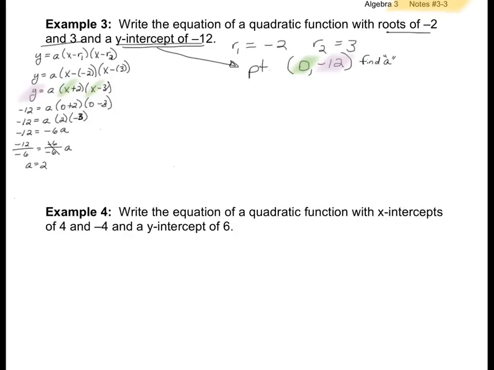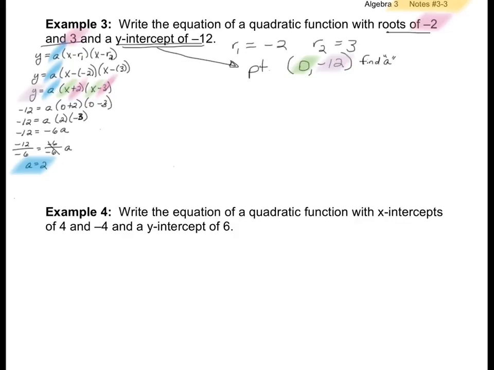Okay, so now let's do some more highlighting here. Maybe that'll help. We're going to put our roots, which are this and this, the negative 2 and the 3. We've already put those in here and here, right? And then we're going to put a in. A is 2, so we're going to put that in there for those a's.